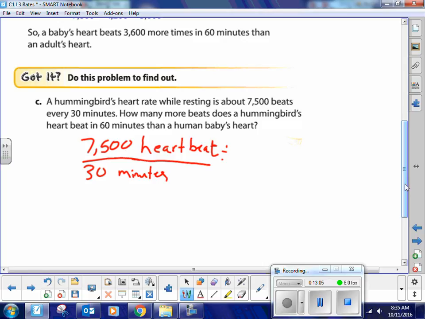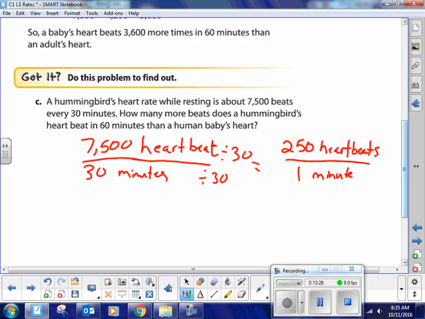Divide both of them by 30, and you get 250 heartbeats every 1 minute. Okay, now we've got to get this up to 60, so we've got to multiply everything by 60.